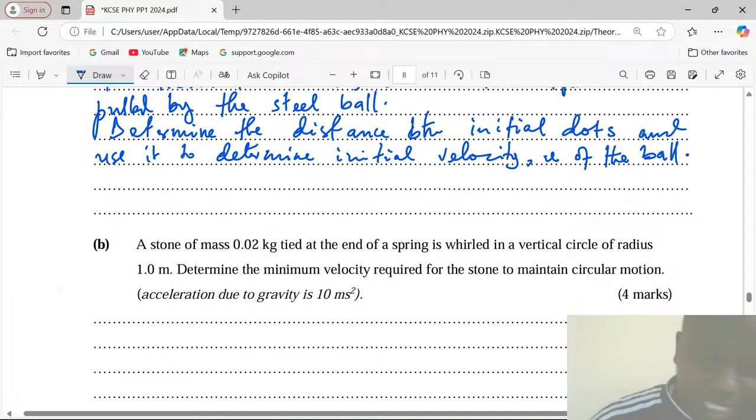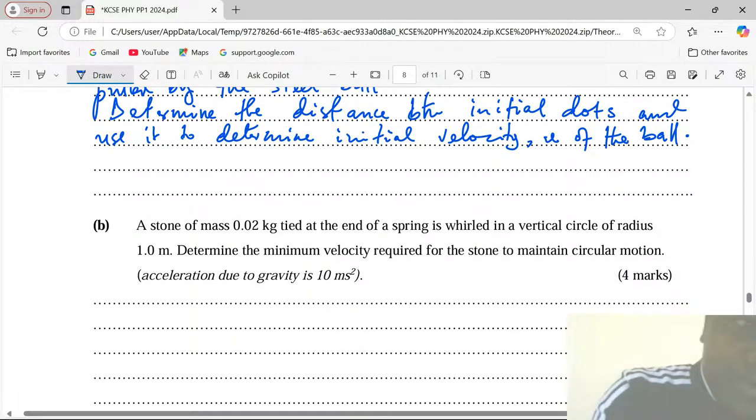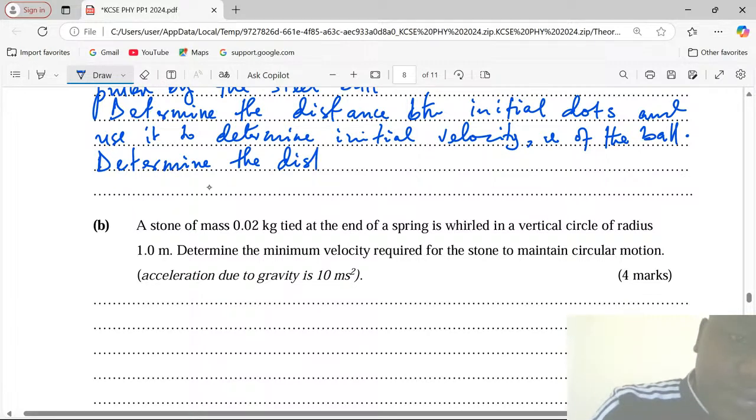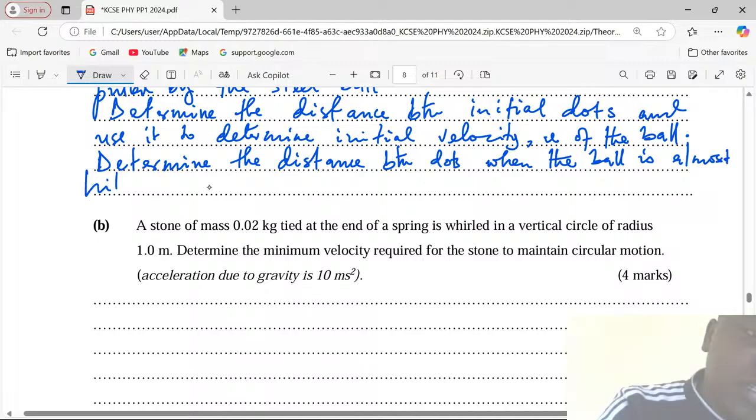Then after that, determine the distance again between dots when the ball is almost hitting the ground.